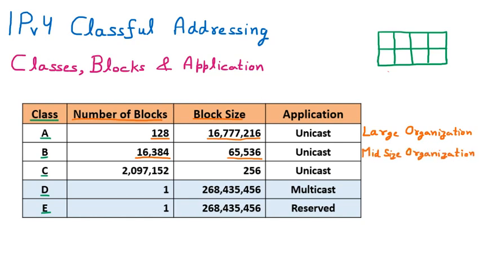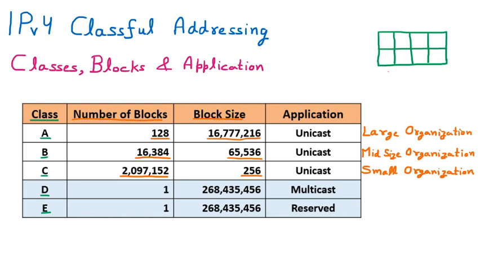Then talking about class C, the number of blocks is many. If blocks are many, then obviously the size will be reduced. If we are running a small organization where small block sizes are required, then we can give many of the blocks. So the class C IP address is used for small organizations.